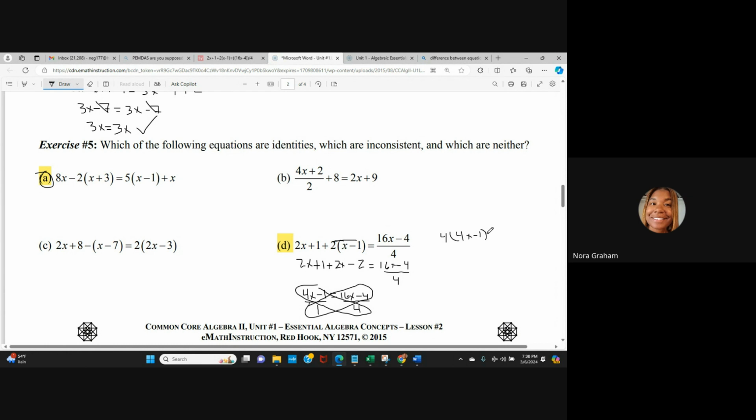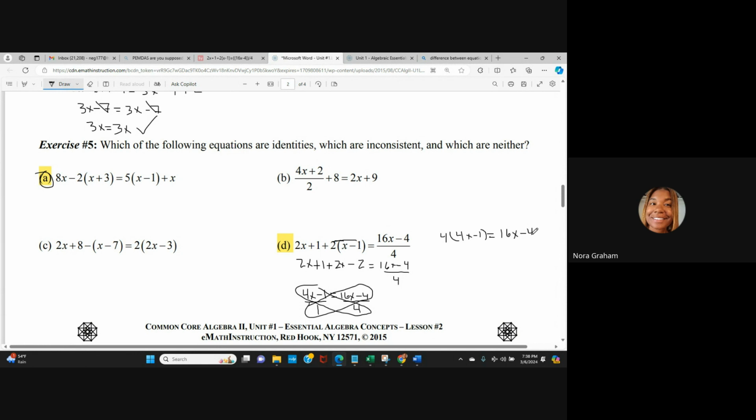And then I set it equal to whatever else I'm cross multiplying by. This part right here, 1 times 16x minus 4. Anything times 1 is itself. So 16x minus 4. Oops, I forgot the x. 16x minus 4. All right.